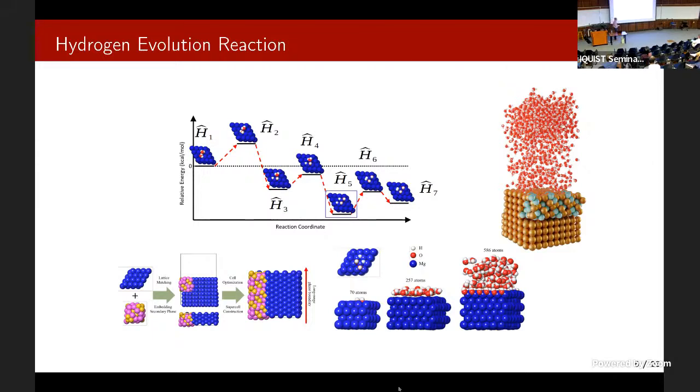A minimal model of this hydrogen evolution reaction for magnesium corrosion is just a couple waters on top of a slab of 70 atoms. But really, the process involves many, many waters interacting, not just one. So you need to get more and more complicated. And we'll see that the resources grow as the system that we want to study grows in complexity.